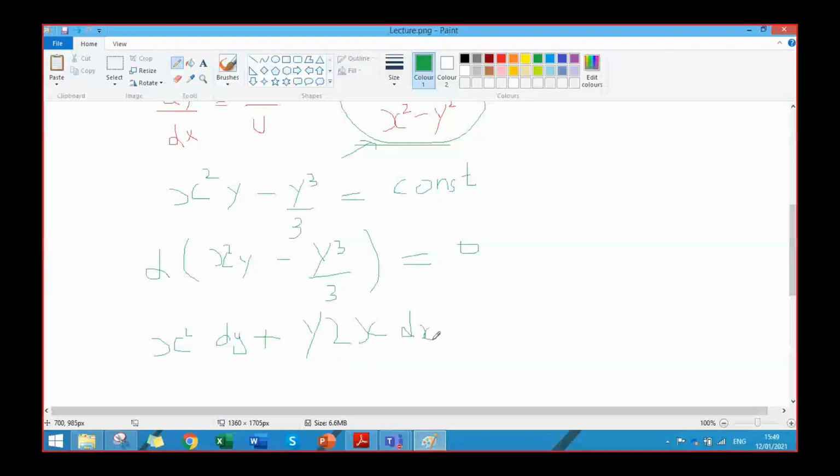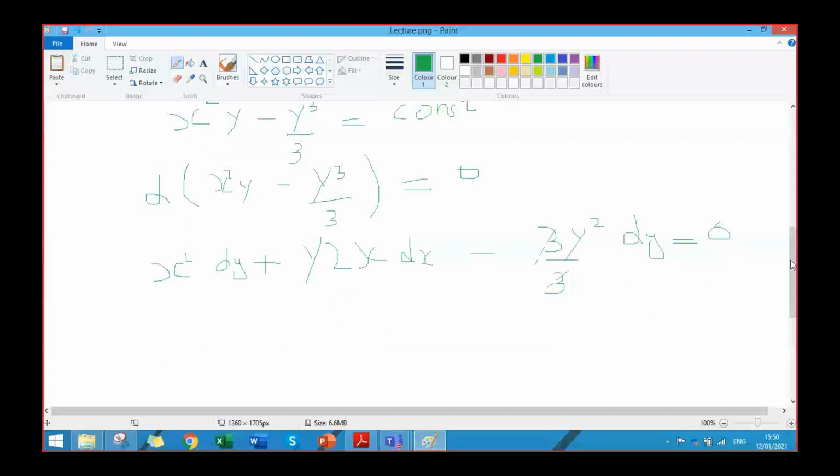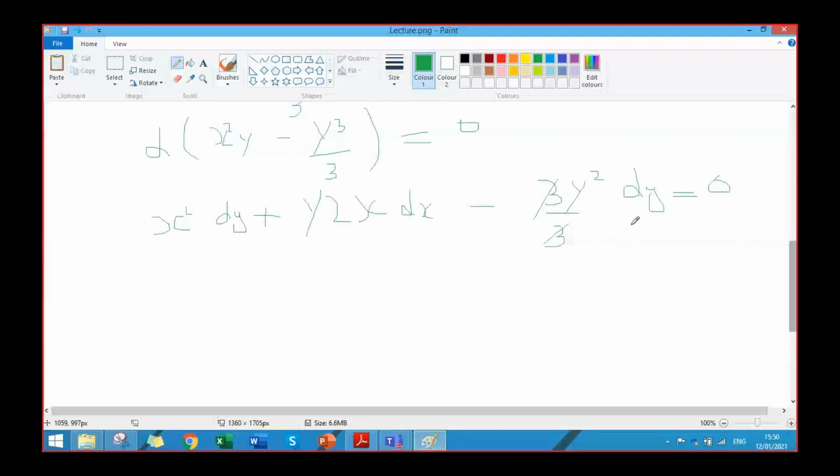And finally we have 3y square by 3 dy equal to 0, right? 3 will cancel with 3. We can take the dy part as common from these two.